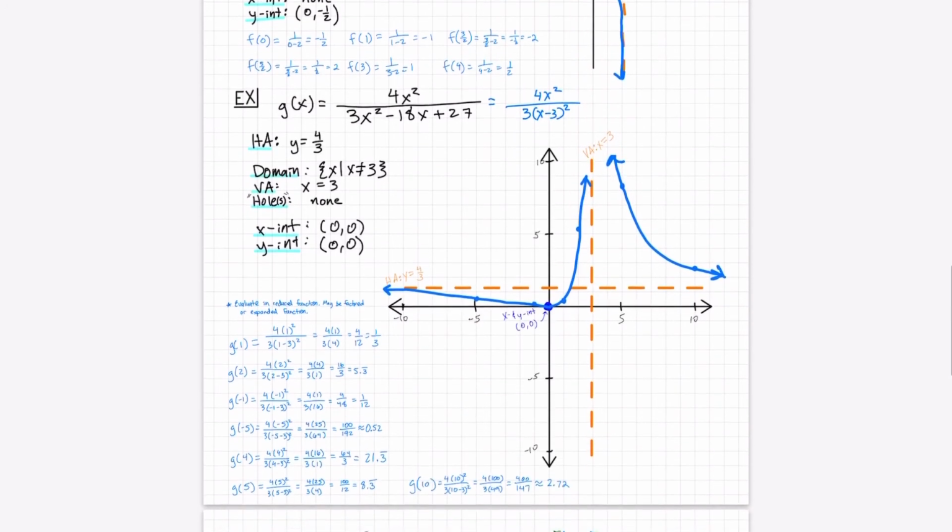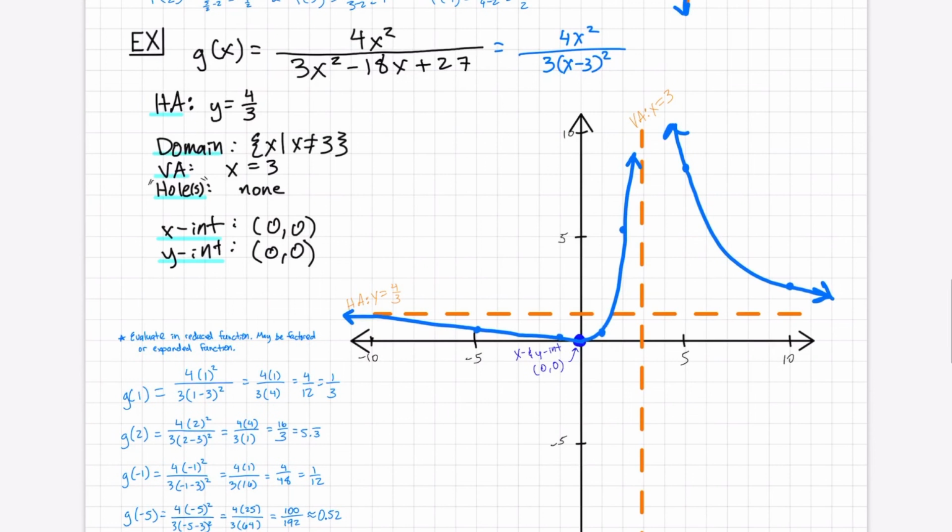The reason this happens is just like we have multiplicity with our x-intercepts, where the graph touches and turns, the same thing happens with our vertical asymptotes. Because I have 2 vertical asymptotes at the same location, we basically have a multiplicity of this factor in the denominator.